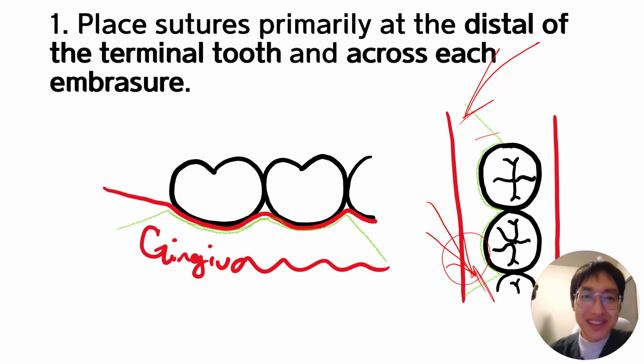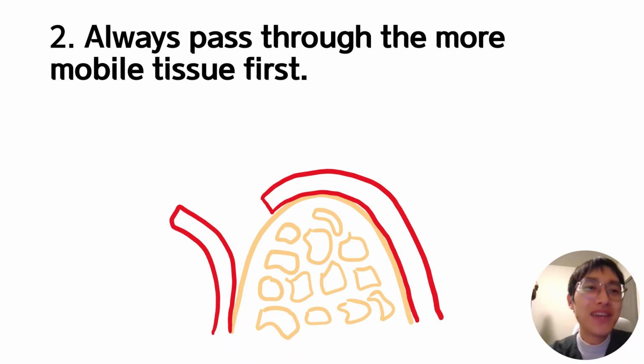All right. So number 2, always pass through the more mobile tissue first. Sometimes I do the puncture first, attach the gum first, and then I try to hook the mobile one after I easily pass the attached one, and try to pass the needle through the mobile one.